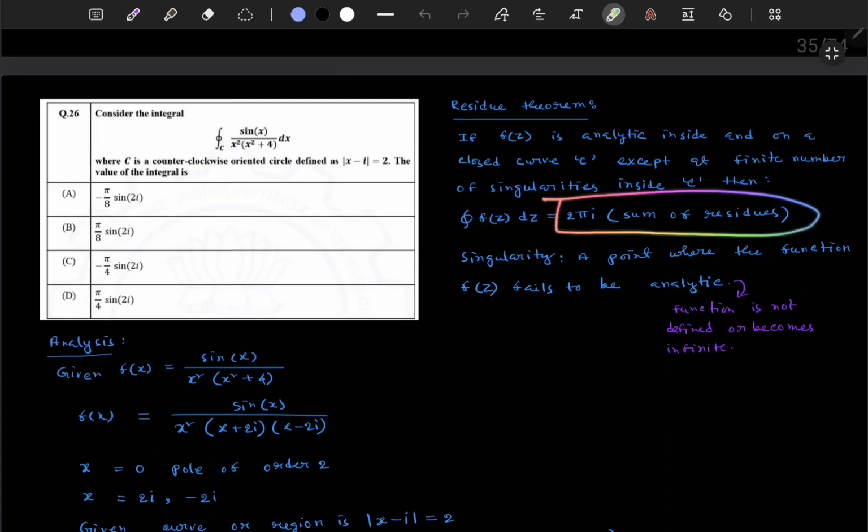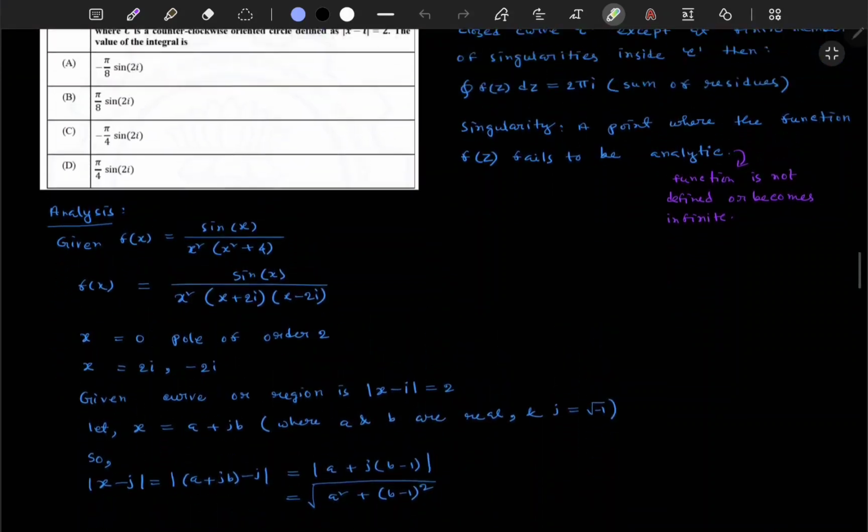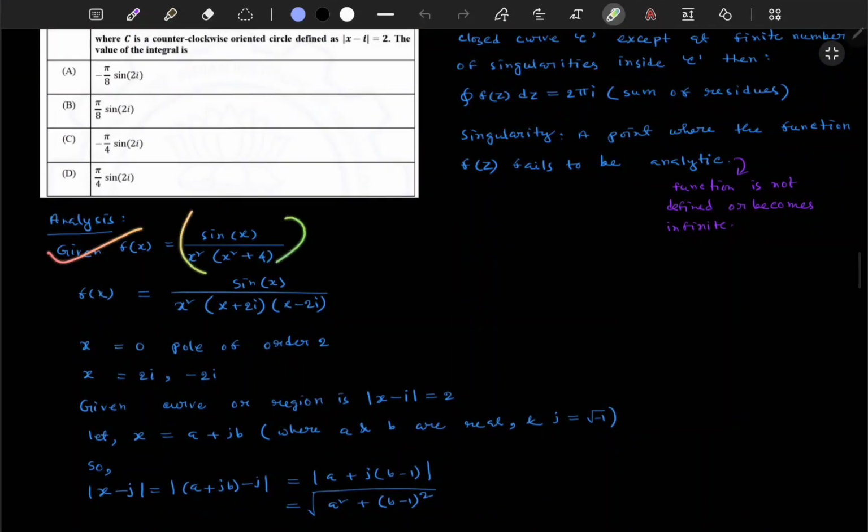You can remember. Here it is given in this question, f(x) is this one. We can write x squared plus 4 in this format; if you multiply these two you will get this. The poles: x equal to 0 is a pole, because if you put x equal to 0 it becomes infinite, 1 by 0 is infinite.